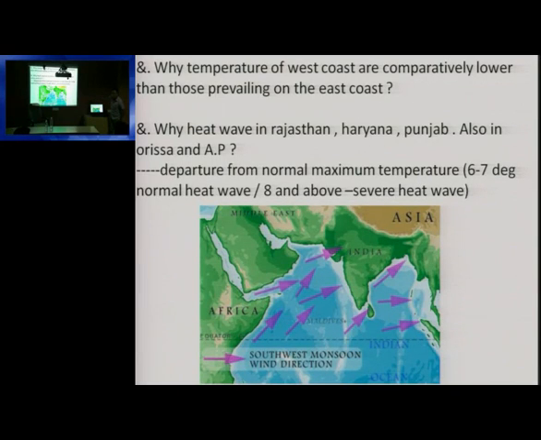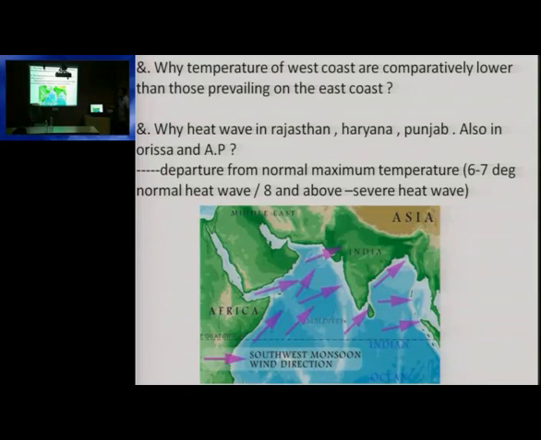Same latitude, but the temperature at this place will be much hotter or warmer compared to this place, because the southwest monsoon is blowing in this direction. Because of the wind direction, the wind brings moderation. So one of the reasons why coastal regions situated at the same latitude differ in temperature is the direction of the prevailing winds.